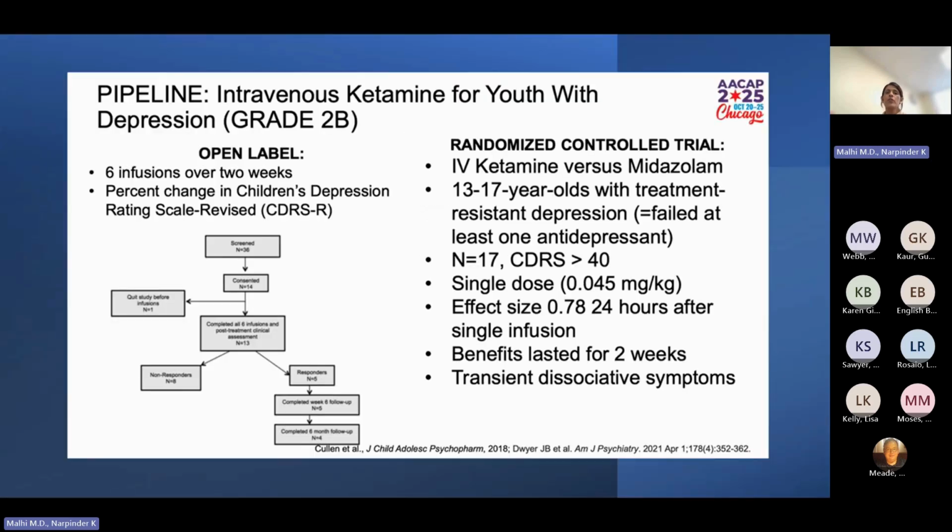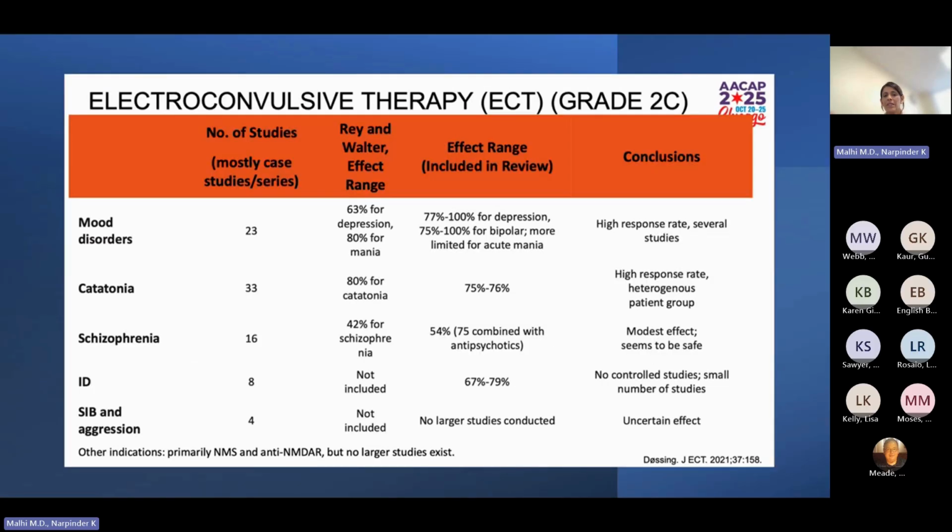And then some of the newer treatments such as IV ketamine, there are very few trials being done now. So I think those are some in the pipeline that we need to keep an eye on. But at this point, they are not FDA recommended. And then similarly, ECT, there are different state laws for how pediatric patients can get ECT.